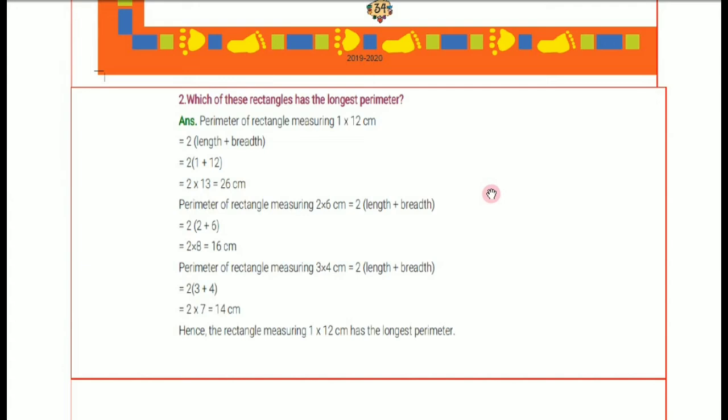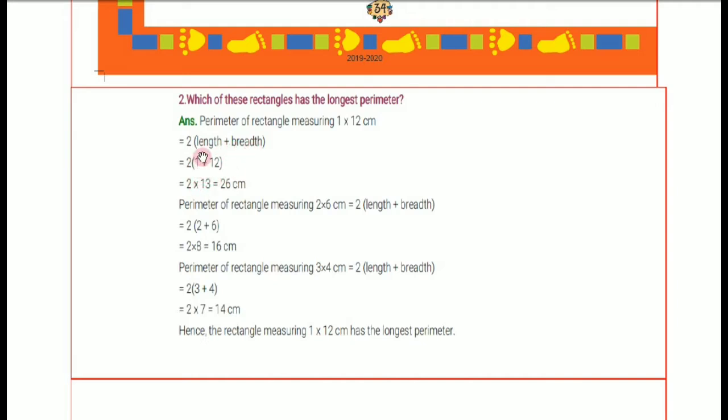Now let's find the perimeter of all these rectangles one by one to know which rectangle has the longest perimeter. So first one is the rectangle measuring 1 by 12 centimeter. Perimeter is equal to 2 in the brackets length plus breadth, equal to 2.